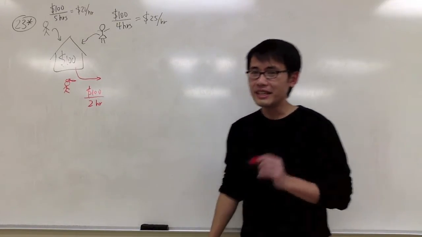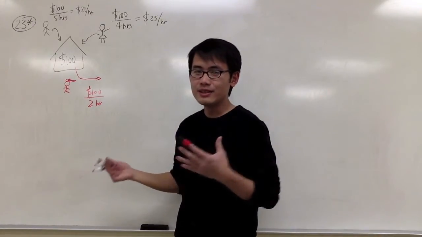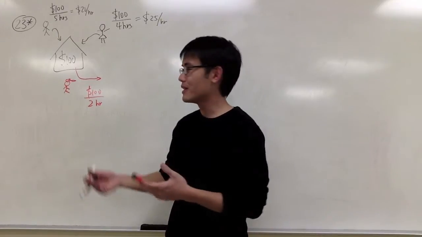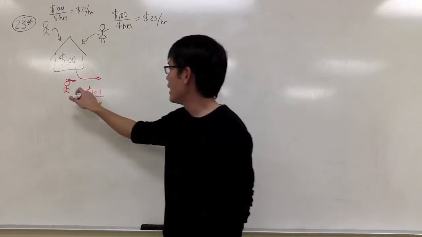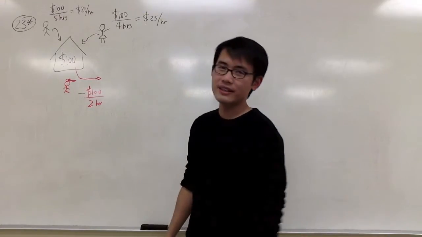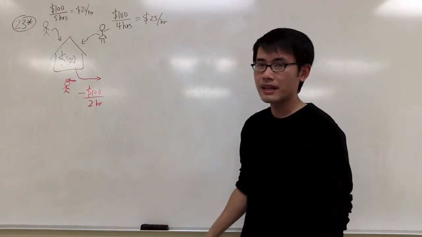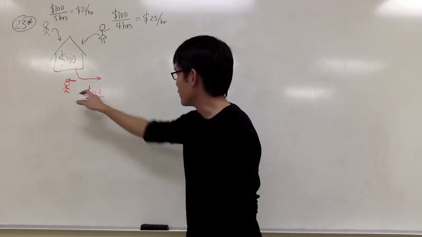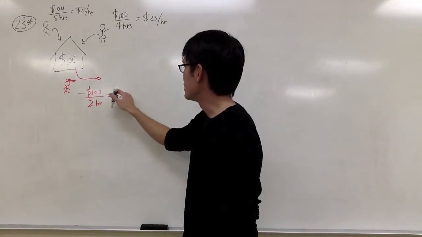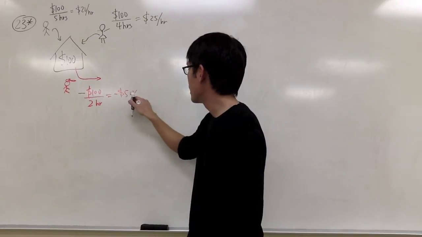Notice that he is not making money, but instead he is spending money. He is losing the money, because of him the family is losing money. So technically, let's put a negative in front of that $100. Because of him, we have a negative rate, and because of spending, we'll say this is negative $50 per hour.